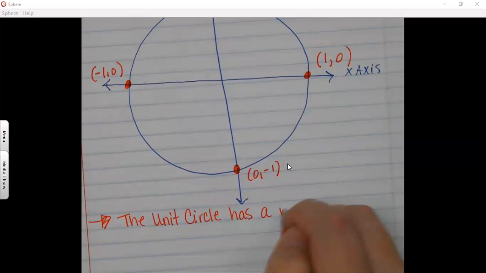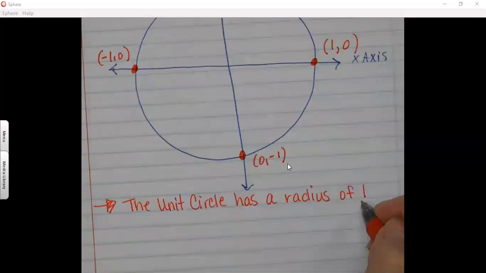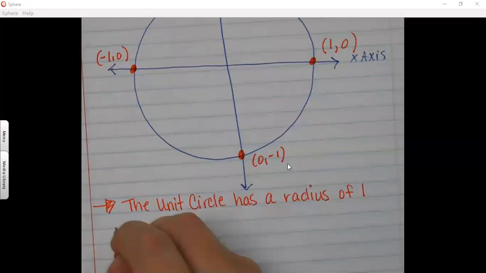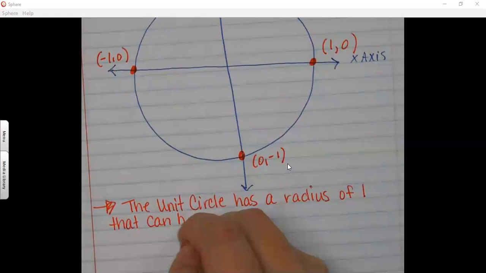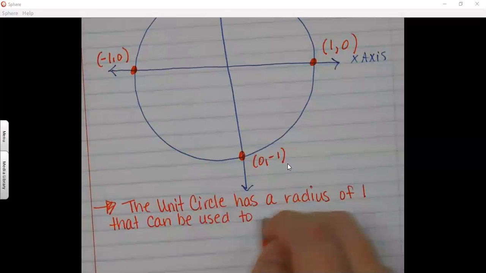That can be used to determine values of trigonometric functions.